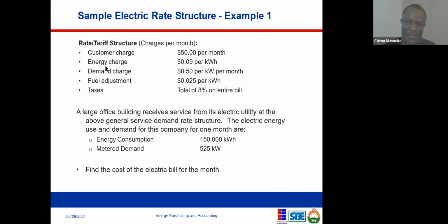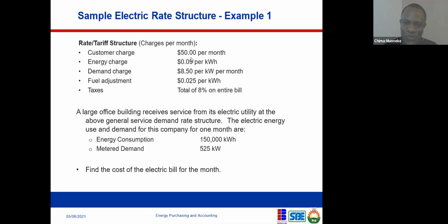Then we calculate our energy charge. This is energy consumption for the month, 150,000, right? We're going to multiply this 150,000 by 0.09. Now, there is also another component to this energy charge, which is the fuel adjustment price.